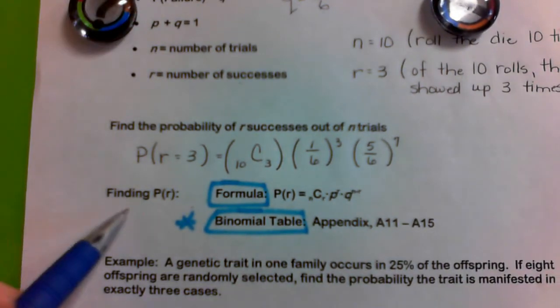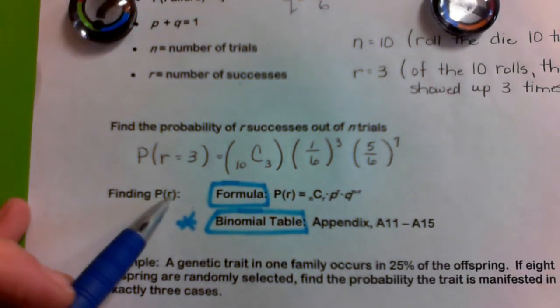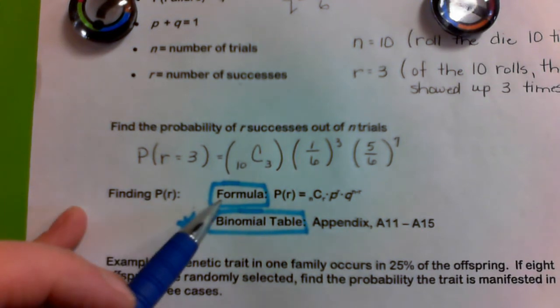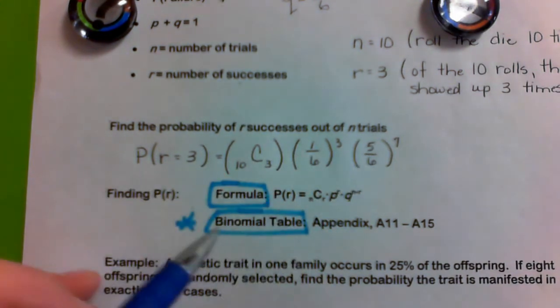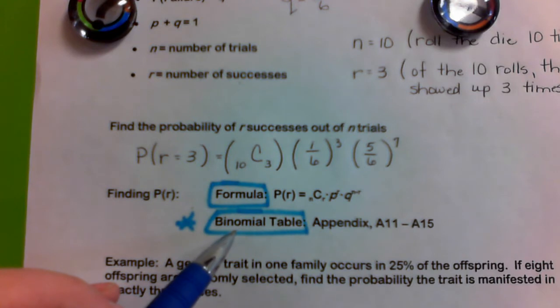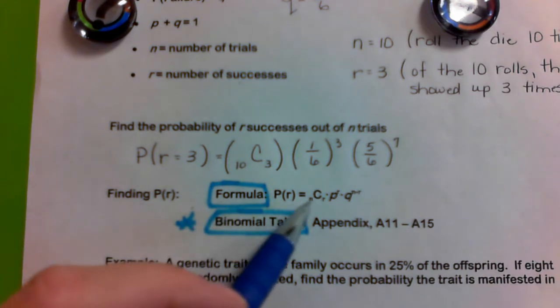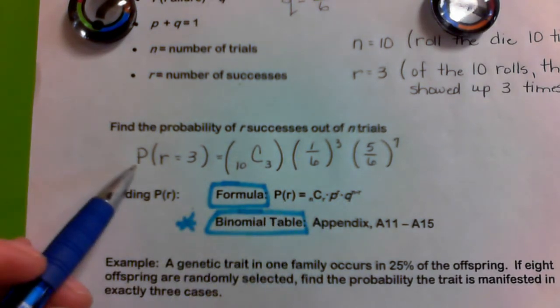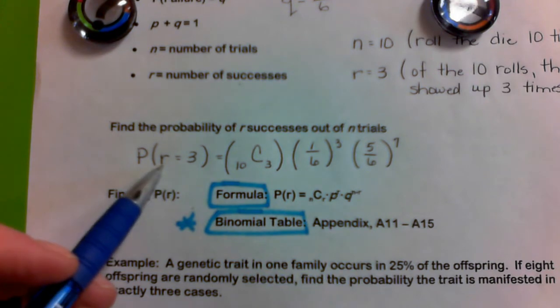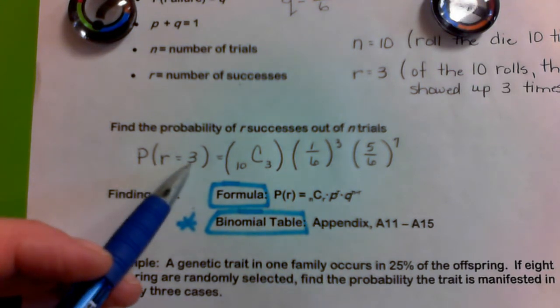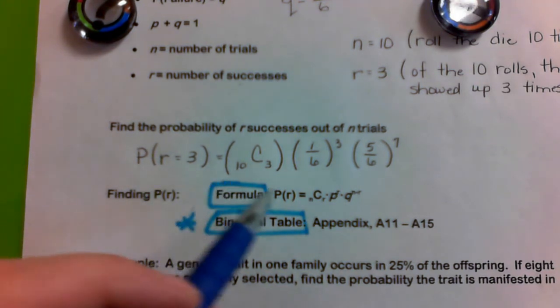In finding the probability of your successes, there are 2 ways. One is by using the formula, which I have written up here, and one is by using the binomial table. Let's look at the formula first. Here the formula is given, so for the probability that we have 3 successes, I put r equals 3, and n is 10, so I put my numbers in the formula.